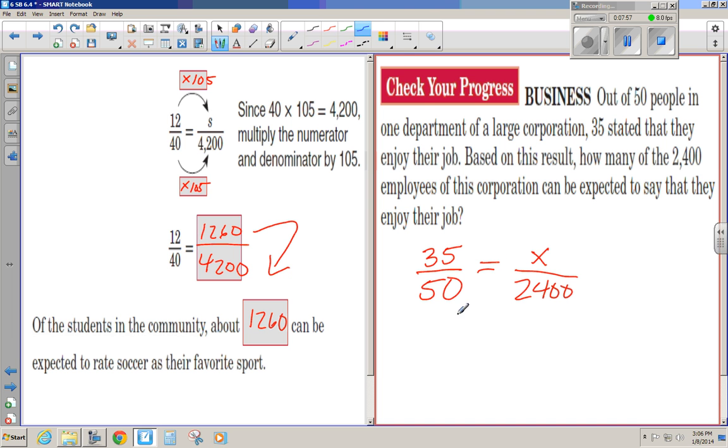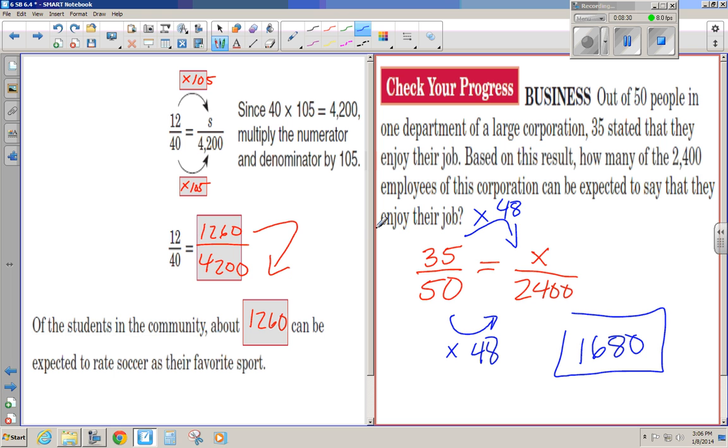So we have to figure out this times what number gives us 2,400. So you're going to be multiplying by 48 on both of these. And so now when you do 35 times 48, you get that X is 1,680 employees enjoy their job.